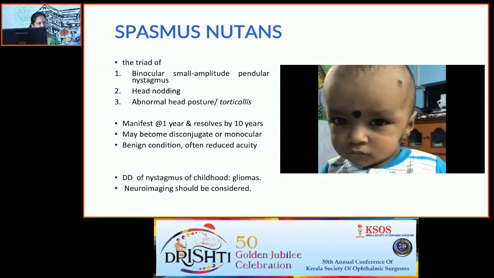Regarding nystagmus of childhood, always think of another important life-threatening differential diagnosis, that is gliomas. So before you say this is normal, it's okay, you just order a neuroimaging, that will be safe.